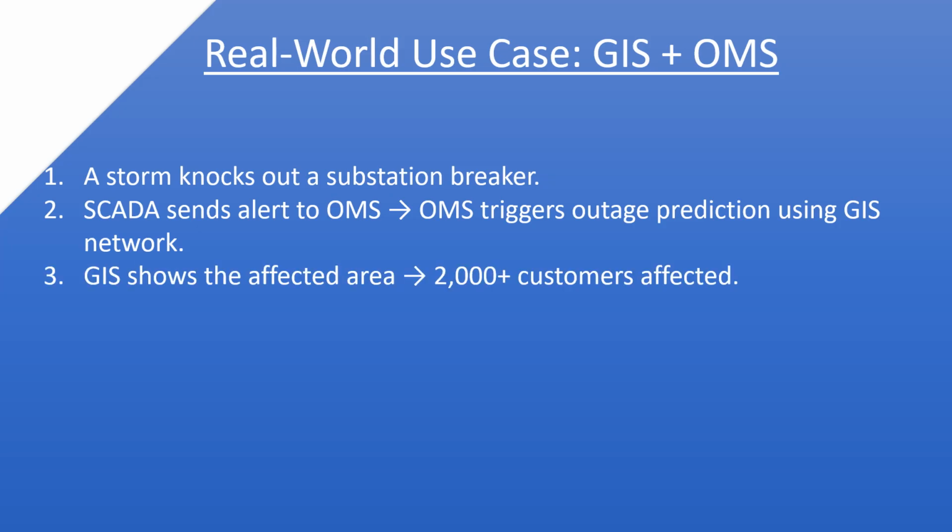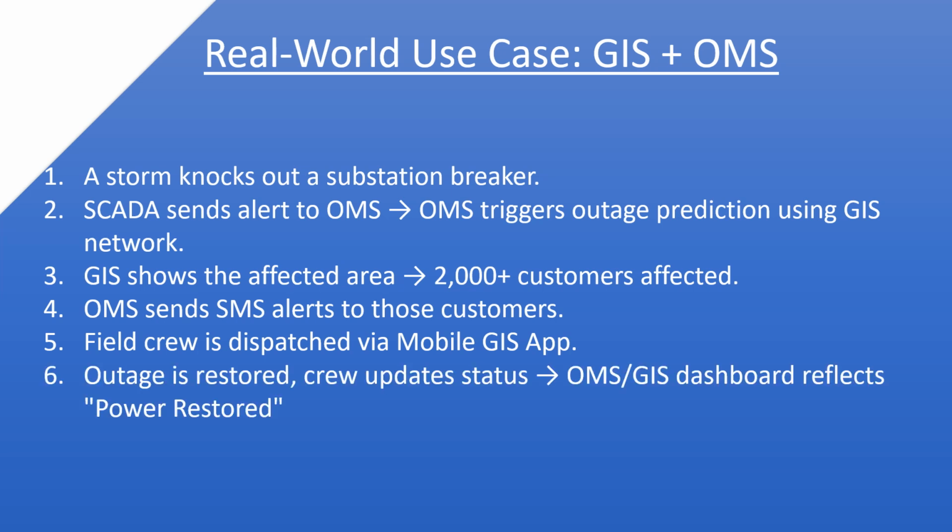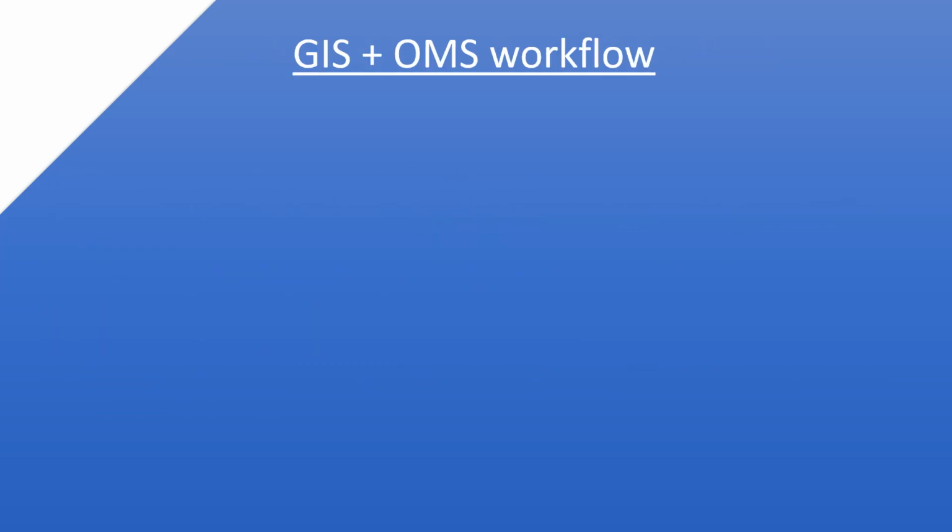If it is a substation breaker, at least 2000 plus customers are affected. The Outage Management System sends an SMS alert to those affected customers. A field crew is dispatched via a mobile GIS app to reach the outage location. The outage is restored and the status updated. The Outage Management System and GIS dashboard reflect power restored.